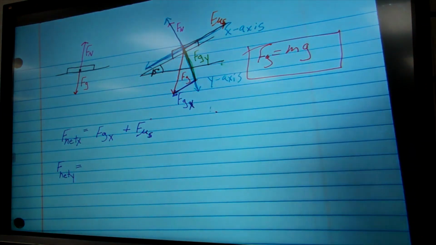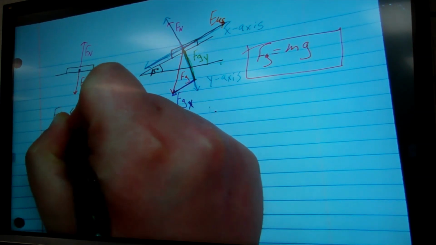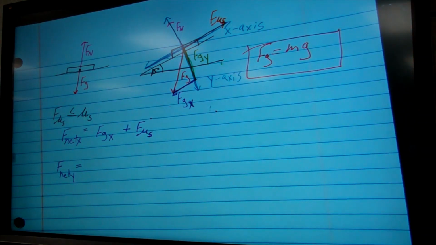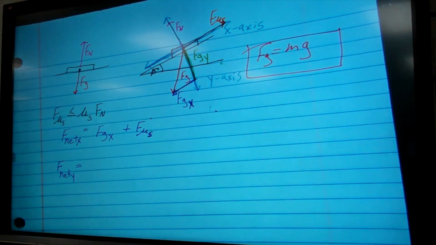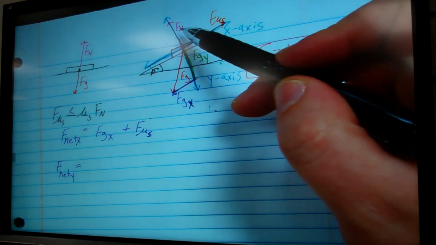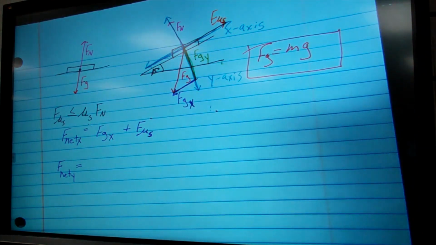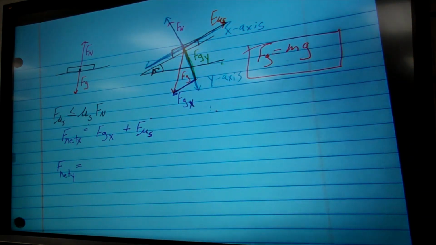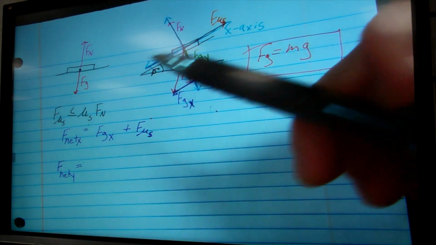It is less than or equal to the static friction coefficient times the normal force. Where's the normal force? The normal force is in the Y. So before I can figure out if this thing is moving in X, I have to figure out stuff in the Y. But on the flip side, if I want you to find out something going on in the Y, I can give you the information for the X and make you solve to get the Y.